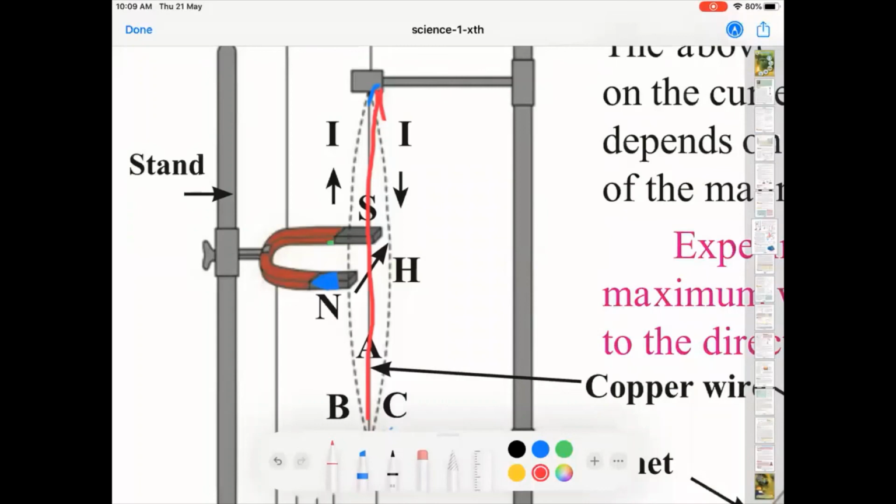When current flows to the coil of wire, it produces its own magnetic field. Listen to the sentences carefully. That magnetic field interacts with the already present magnetic field of the magnet, and when force acts on the wire, that force rotates the coil.